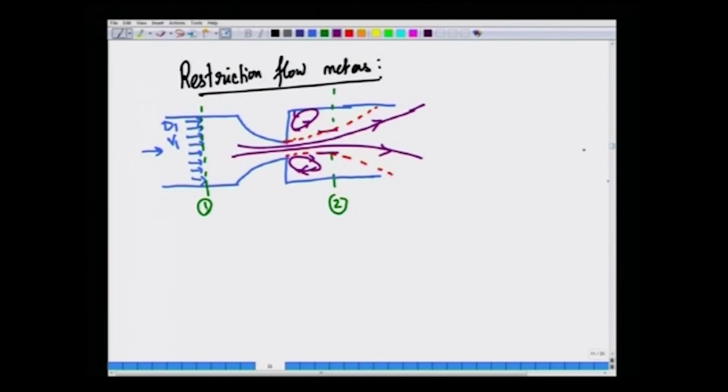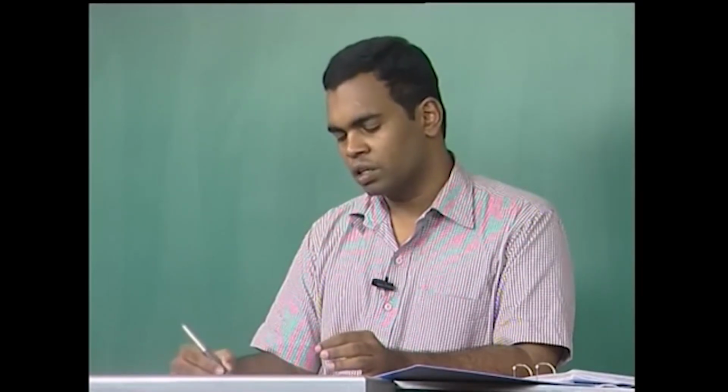Okay. Now, we want to apply the energy balance, but there are too many losses here. First of all, the major contribution to the loss is due to the fact that there is an expansion, and due to the expansion there are eddies that form, which are recirculating within the dead pocket through which fluid can neither enter nor leave.